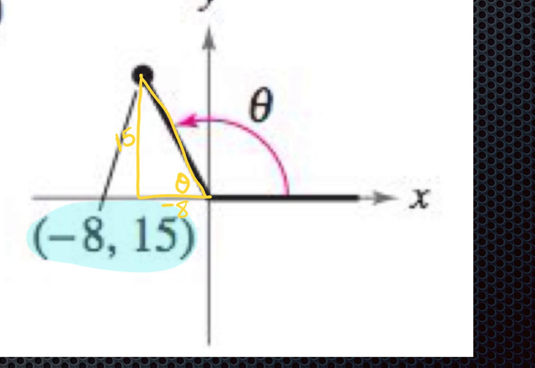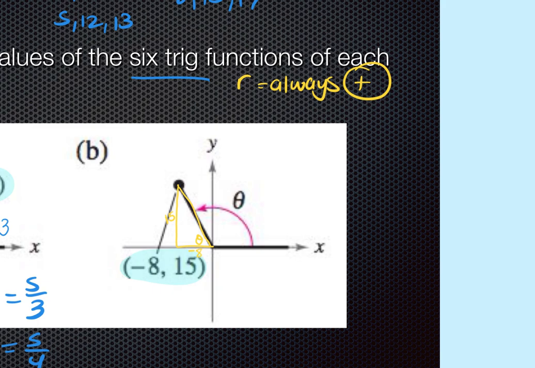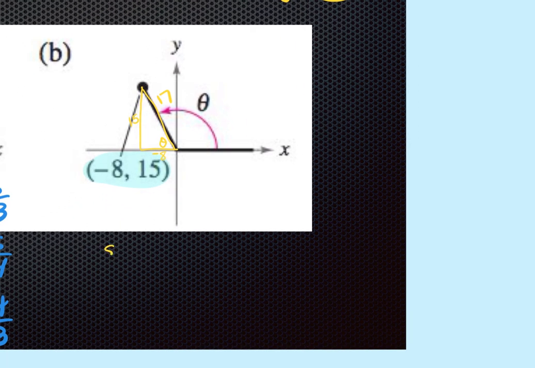Now the hypotenuse, or your r, will always be positive. So even if there's a negative or a positive on the other two, the radius is always positive. And what did we just say is the third side for an 8, 15 triangle? 17. So the sine is 15 over 17.